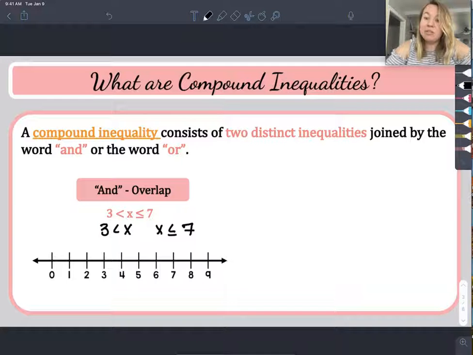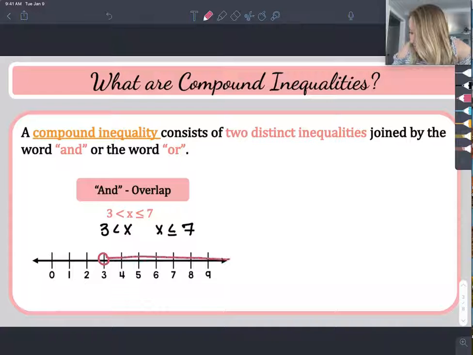So if I was to graph each one individually, x is greater than 3, I would have an open circle on 3, and my arrow would be pointing to the right. Then for my x is less than or equal to 7, I would have a closed circle on 7, and then my arrow is going to point to the left.